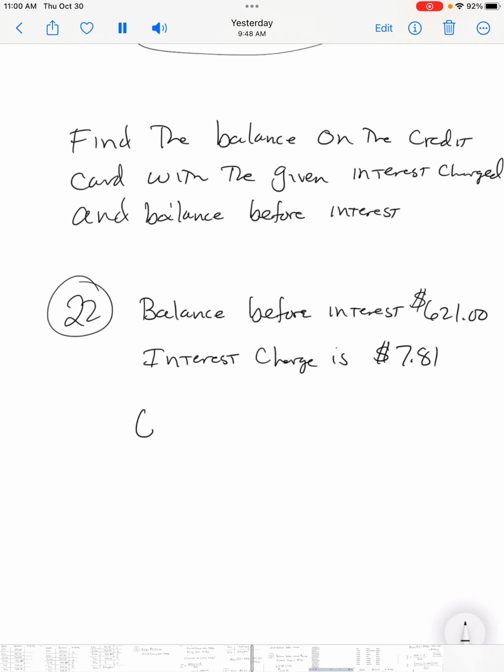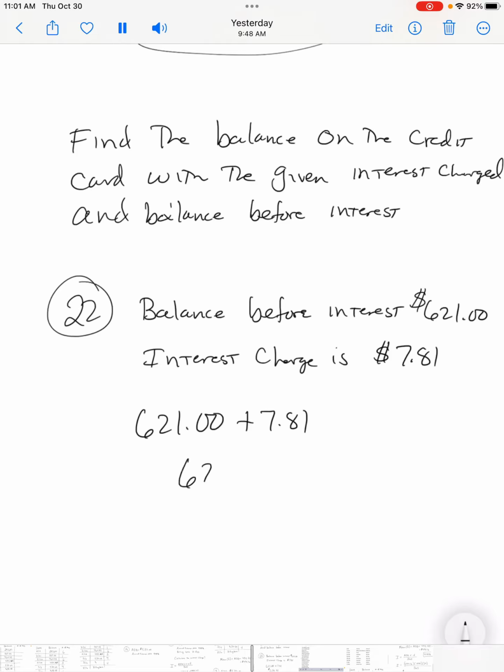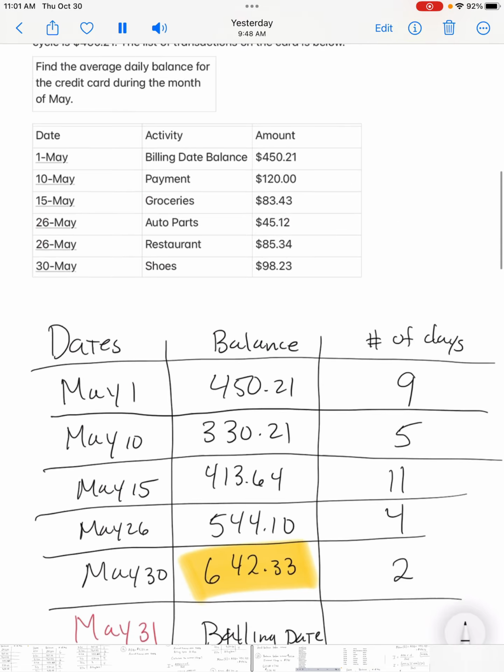So as you go into the next billing cycle, you owe the bank $621 because you have that of their money. But they're going to add to that $7.81 that you owe them for having money out. If you're paying off your credit card, you're adding always zero. So if we take our $621 and add the $7.81, we come up with $628.81, and we're done with the problem. Right? And so what have we done?